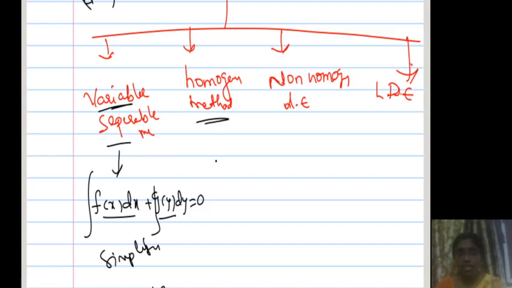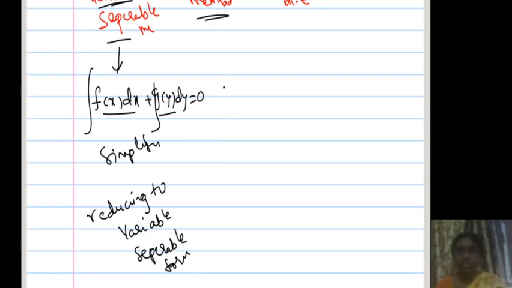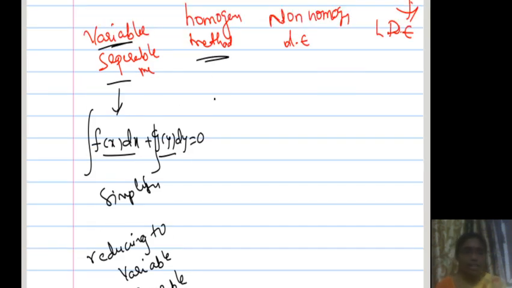What is homogeneous differential equation here? Homogeneous differential equation means what? The given differential equation should be in the form of dy by dx is equal to f of x comma y by g of x comma y, where the numerator f of x comma y function and the denominator g of x comma y function, both functions have the same degree.